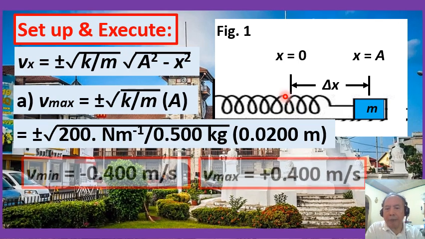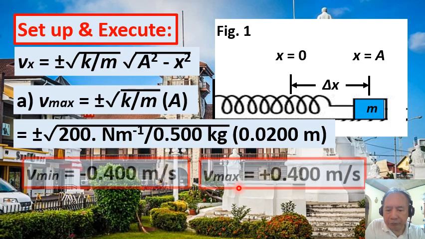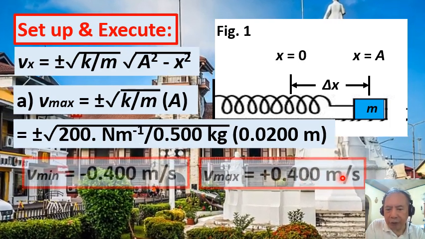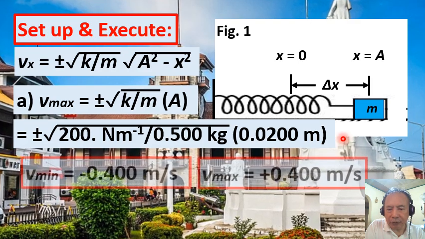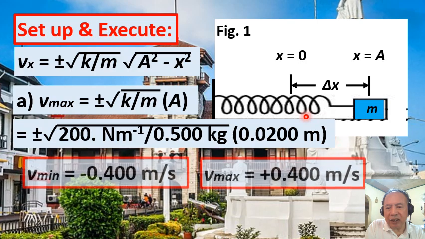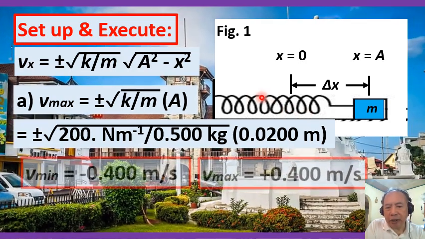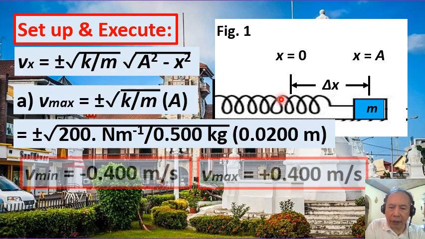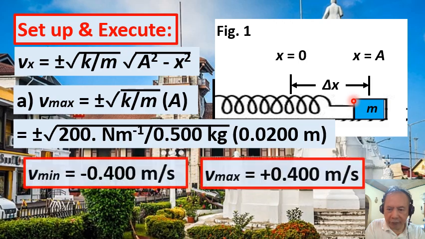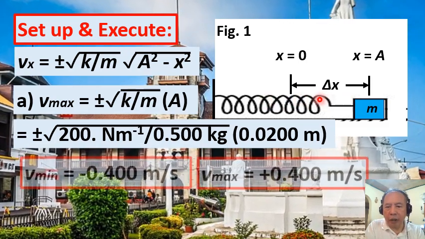And as it passes through the equilibrium position, it attains this maximum instantaneous velocity, positive 0.400 meters per second. So, inasmuch as the surface is frictionless, the oscillating block will just keep on moving back and forth, which is a characteristic of simple harmonic motion.